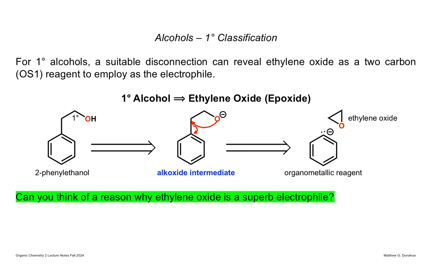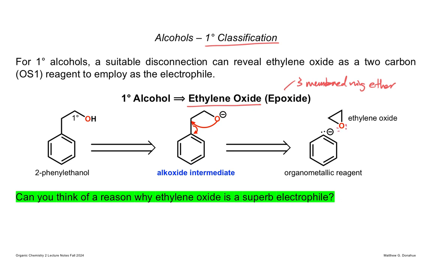So another way to make primary alcohols is to use this reagent called ethylene oxide, which is an epoxide, a 3-membered ring ether. So we know that epoxides are pretty reactive.